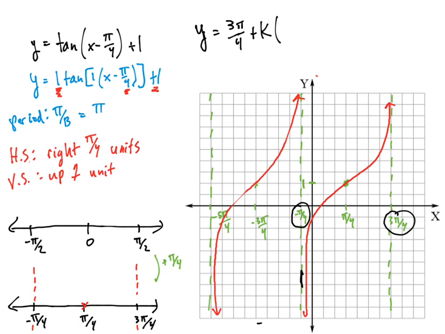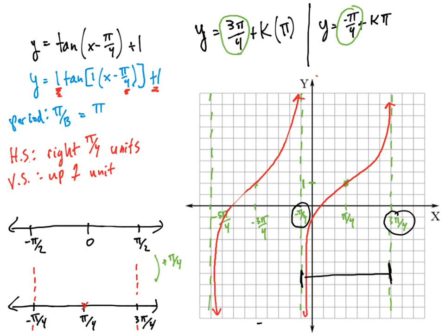The distance from here to here is pi, and it actually corresponds to the length of the period. So y is equal to 3 pi over 4 plus k pi for any k integer. I could have also said y is equal to negative pi over 4 plus k pi. I'm just picking a different first asymptote. So there are actually an infinite number of equations for asymptotes we could come up with because there are an infinite number of asymptotes. So I could put any value there in the circle.